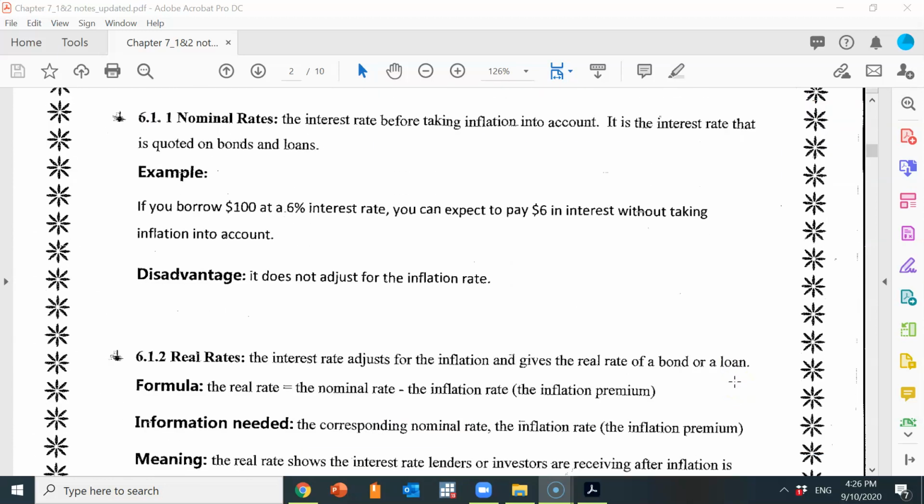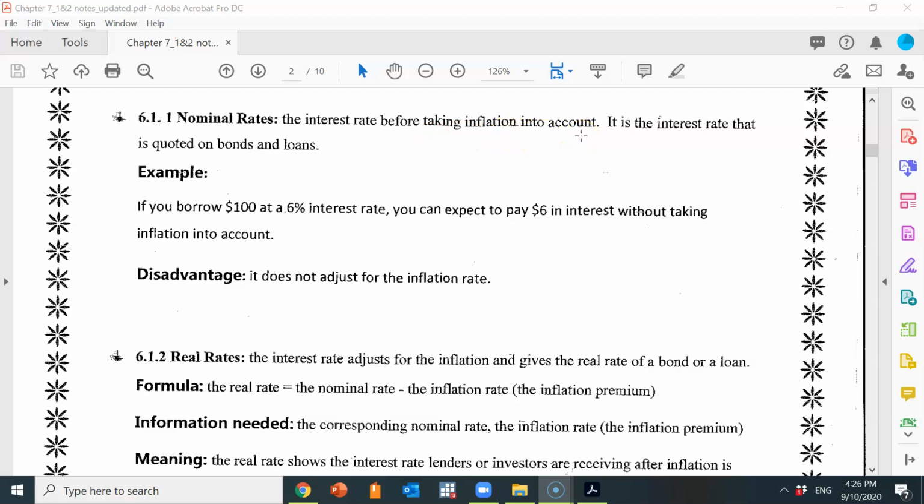All right, let's first go through some basic concepts about different interest rates. The first concept, which we should be very familiar with, is nominal rates. It is the interest rate before taking inflation into account.